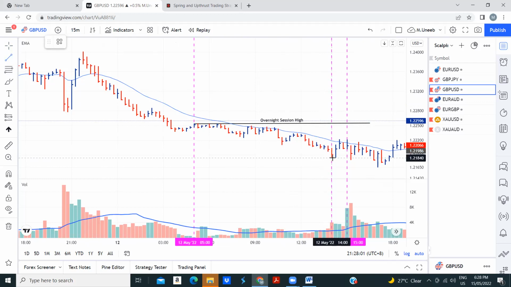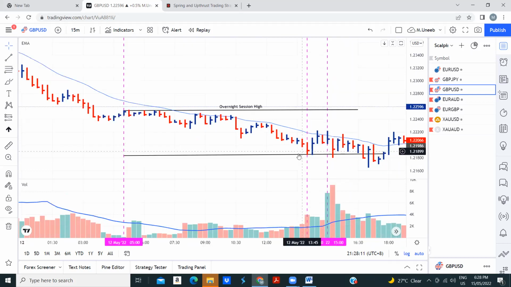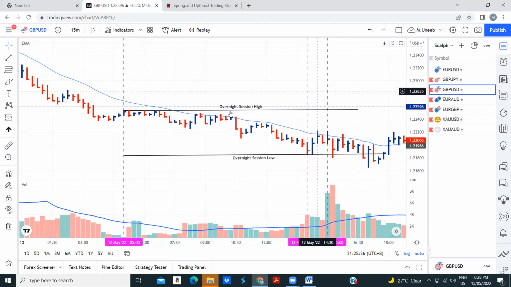So at exactly 3 p.m., right? So we can draw this one between this and this. This is what? Overnight session low. Can you hear me? Yeah. Okay. Overnight session low, overnight session high.